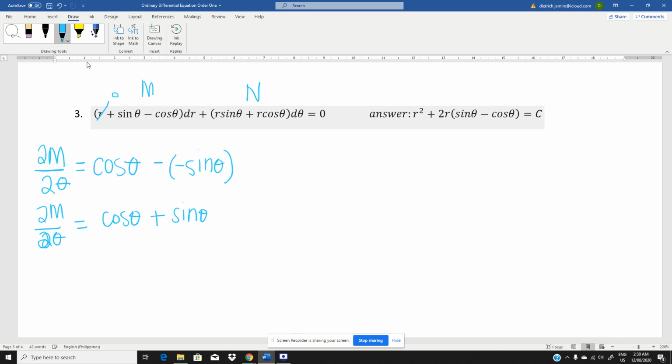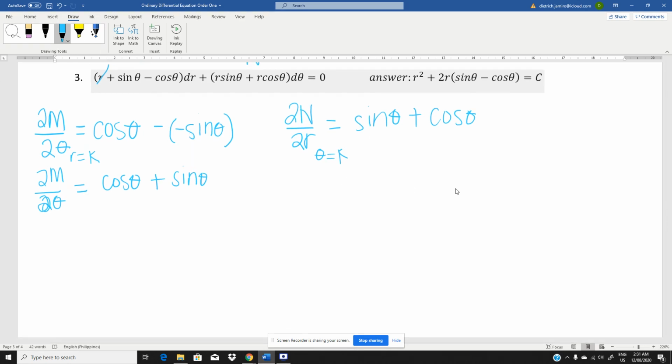On the other side, on the second term, we will have the partial derivative of N with respect to the opposite variable, which is r. The derivative of r is equivalent to 1, so we will have sine theta plus the derivative of r also, so cosine theta plus cosine theta, considering theta as a constant here, then considering r as a constant here.